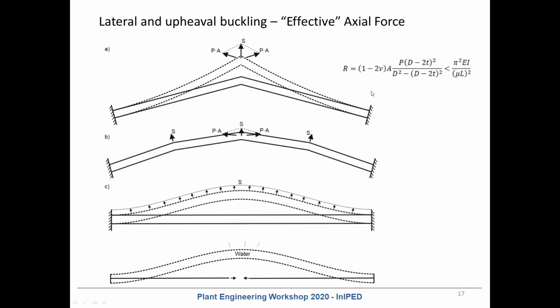So we should use the effective axial force that includes the end cap forces, and we should compare this force with the allowable force, for example from the earlier equation. This equation can be used only in the elastic stage of the pipe, and for the plastic stage we should use another equation.